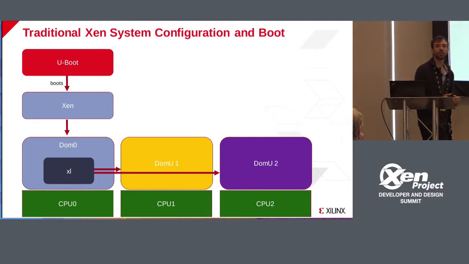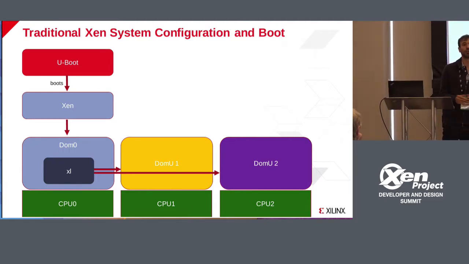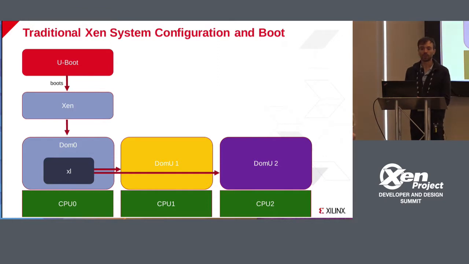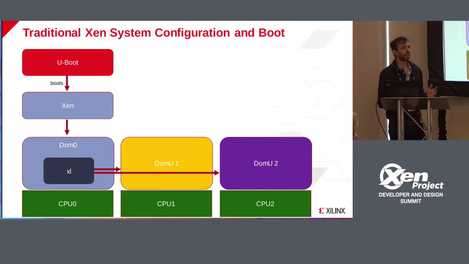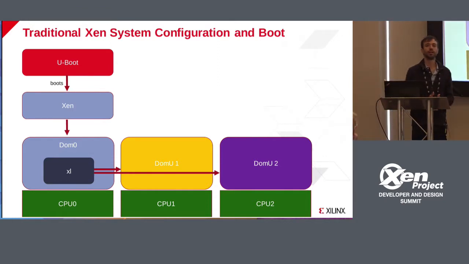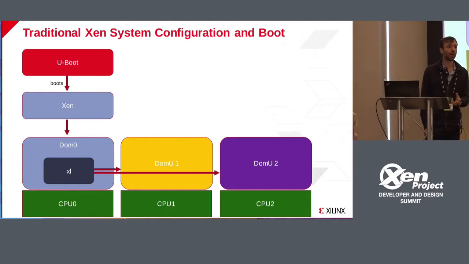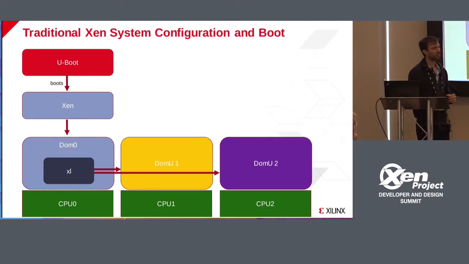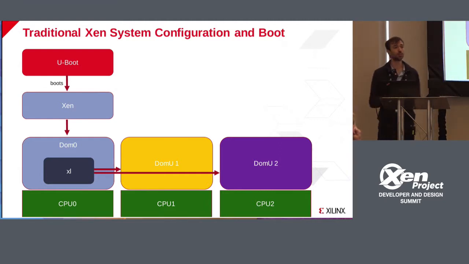This model has a few obvious consequences. One of them is that the critical application that you want to run is going to be on the yellow or the purple VM. Why? Because we have been saying you shouldn't put your critical application in Dom0. If you do, that's a mistake. Dom0 is only a service for the rest of the system to set up, start, and stop VMs.